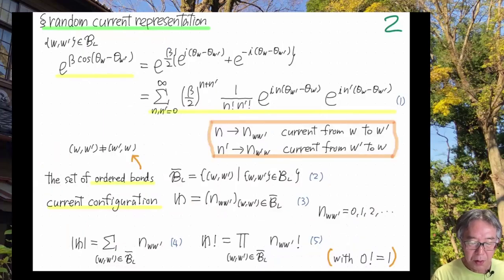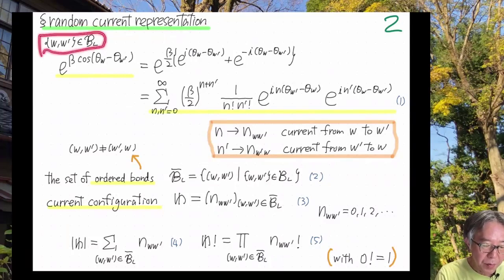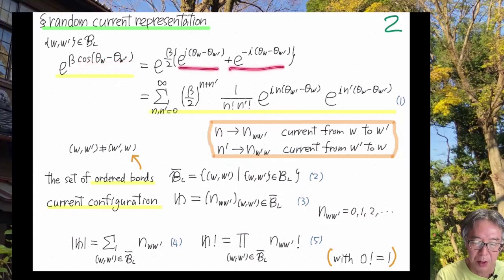Okay, so in order to prove this, we develop something called the random current representation. It's a simple thing, but I think it's kind of fun. So let W, W prime be a bond, and consider this thing, which appears in the Boltzmann factor. Here we have a cosine, but I write the cosine in terms of exponentials, like this.